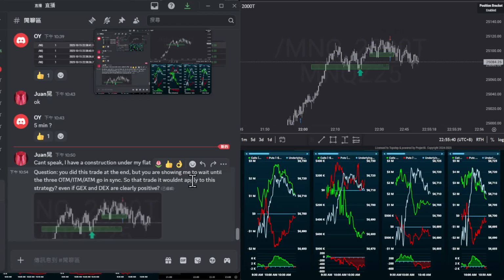So that trade wouldn't apply to this strategy, even if the GEX and DEX are clearly positive.